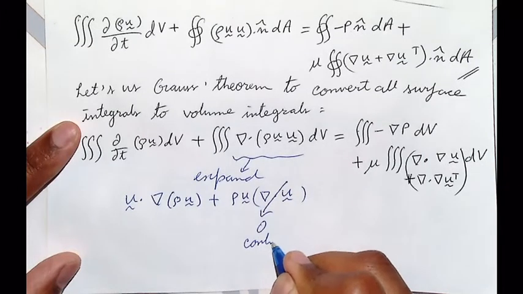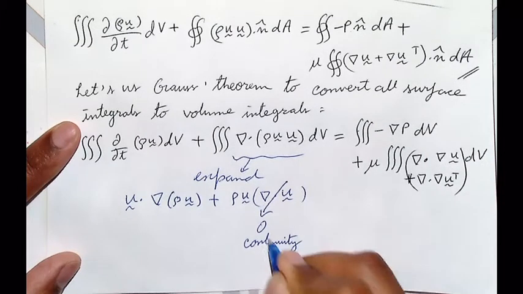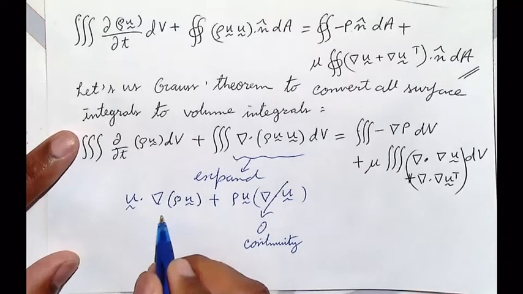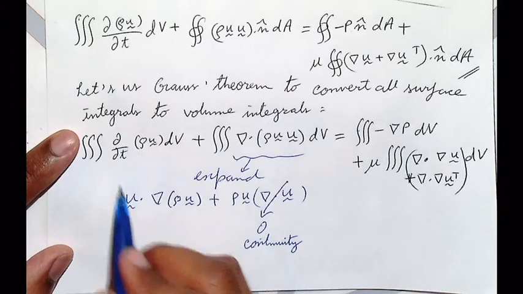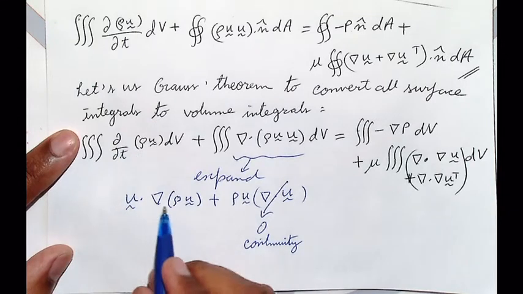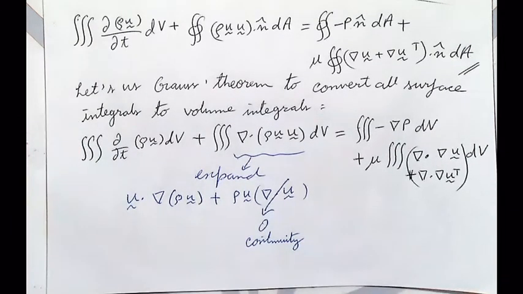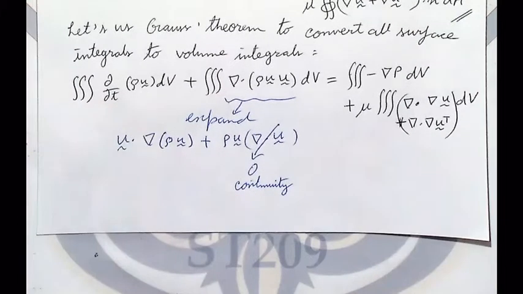And this is what we have: du by dt plus u dot nabla u equals blah blah blah. Okay, so let's see.